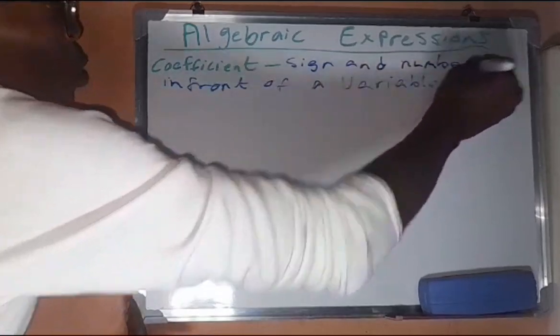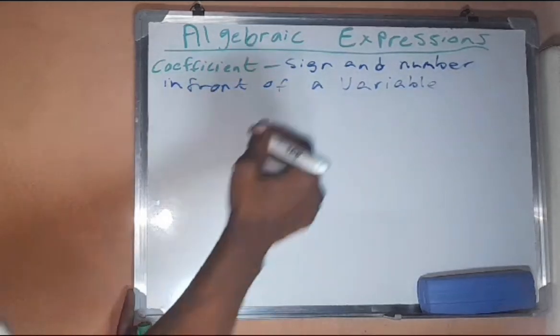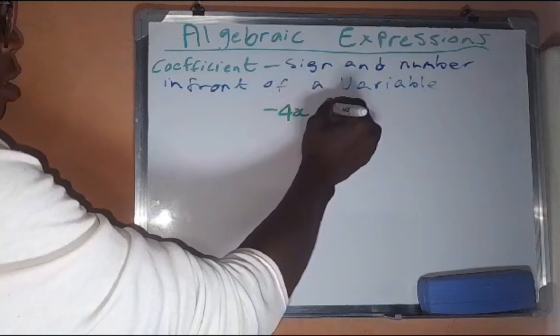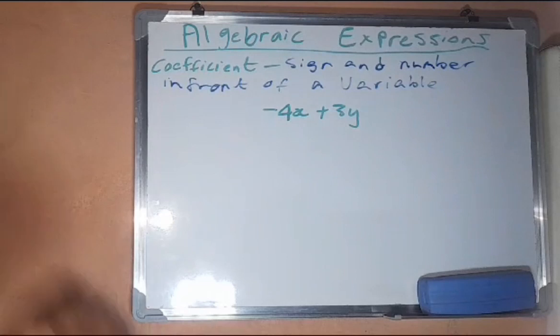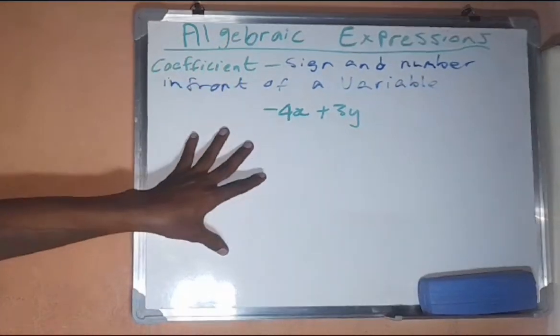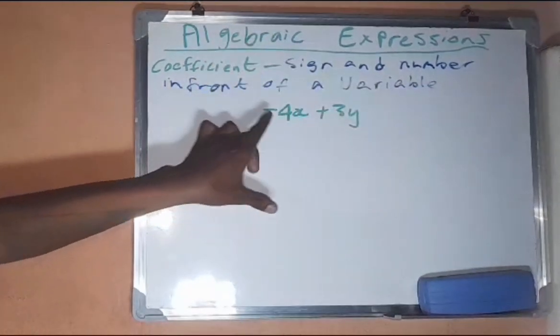I want to believe you are familiar with the terminology variable, but if you are not, it's still fine. Let's say that we have this expression: minus 4x plus 3y. A coefficient is a sign and number in front of a variable.